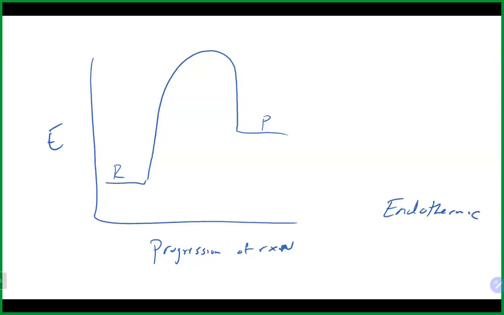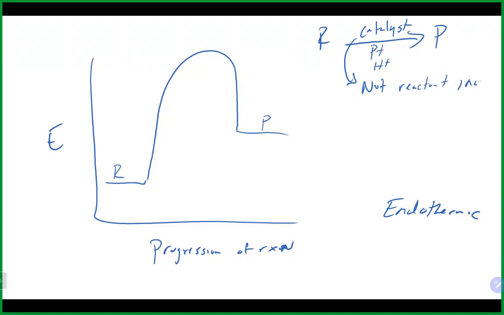So one way a catalyst works, and a catalyst is a lot of times written up here on the arrow. It may be written as an actual thing, like platinum or H plus if it's an acid. But a catalyst is not a reactant.